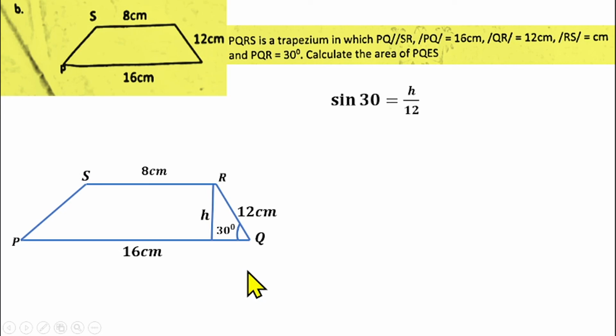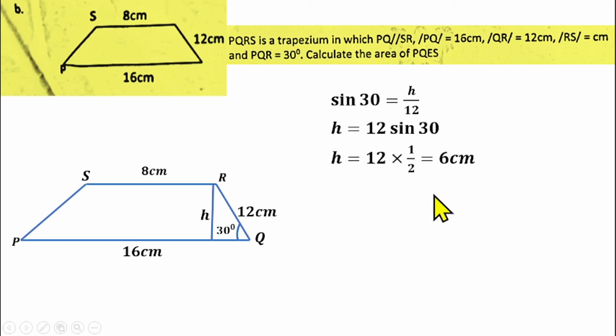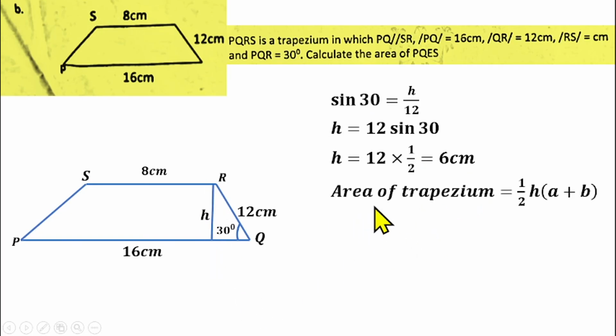So we have sine 30 equals h over 12. If you cross multiply, 12 times sine 30 gives us 12 times half, because sine 30 is a half, so that gives us 6 centimeters. That means the height of the trapezium is 6. Then to find the area of the trapezium, that will be half multiplied by the height, then multiplied by the sum of the two parallel sides.